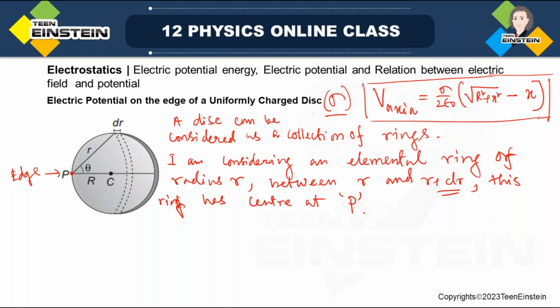See, in this case, here is one point you should remember. In this case, the ring is not complete.